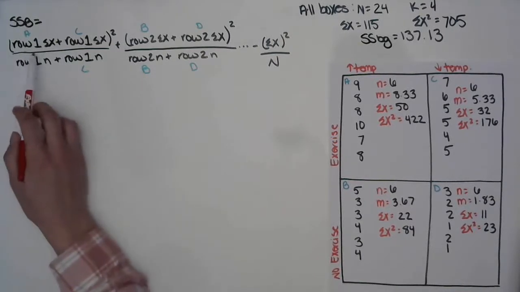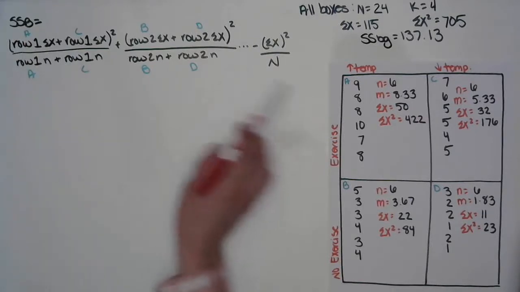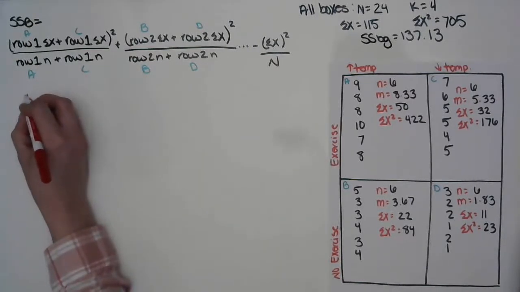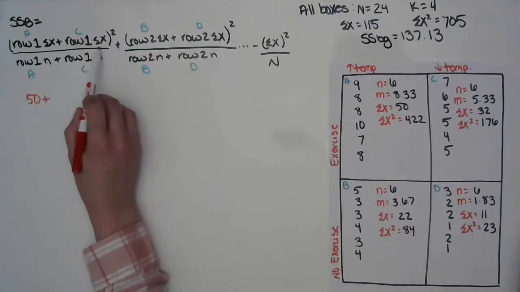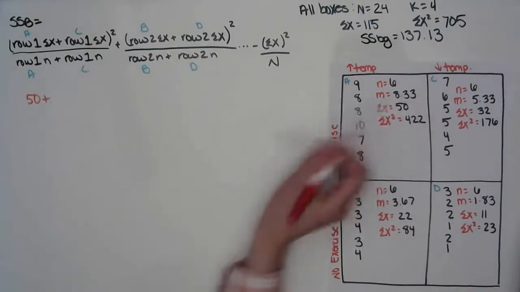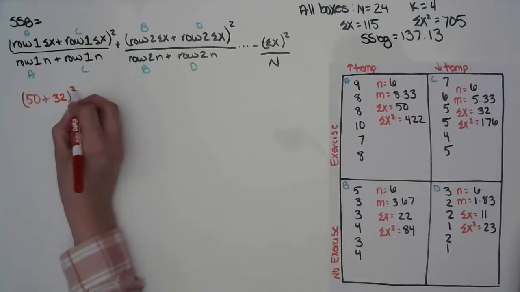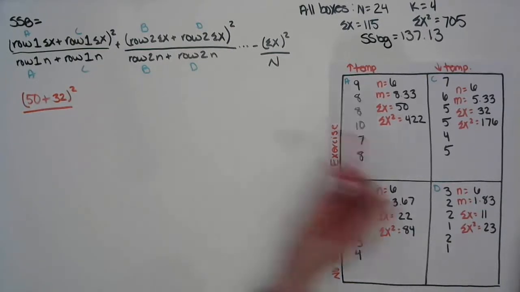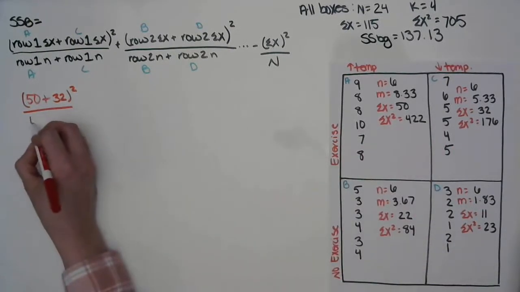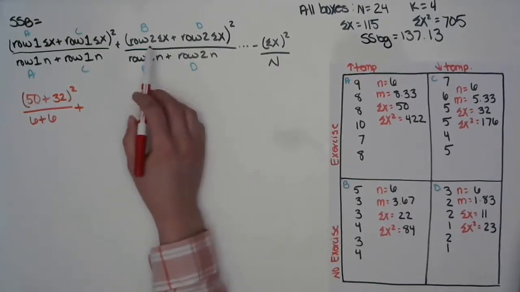Okay, so for row 1, we're going to need the sum of the raw scores, which is in box A. So we have 50 plus the row 1 sum of the raw scores for box C, which is 32. And that's squared. And then that's going to go over the row 1 n values, which is 6 and 6. Then we're going to do the same thing for row 2.